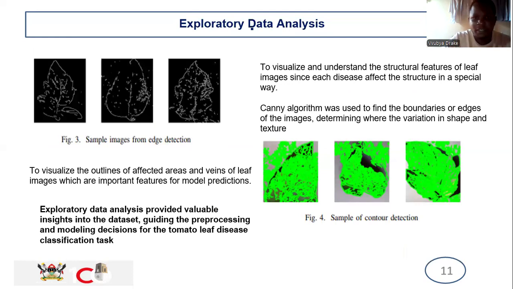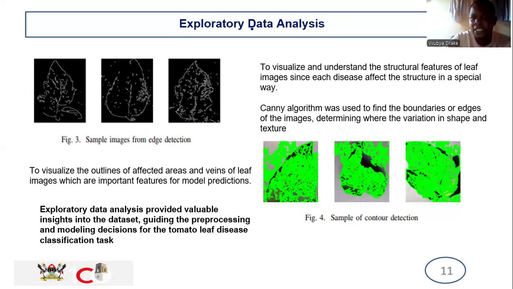After collecting our dataset and knowing which numbers are there, we did exploratory data analysis. Under exploratory data analysis, the main techniques we used were edge detection and contour detection. For edge detection, you have to visualize and understand the structure of different features of leaf images, since each disease affects the structure in a different way.